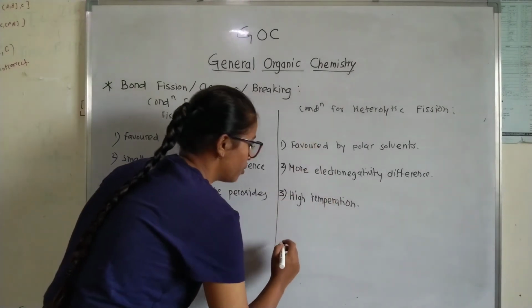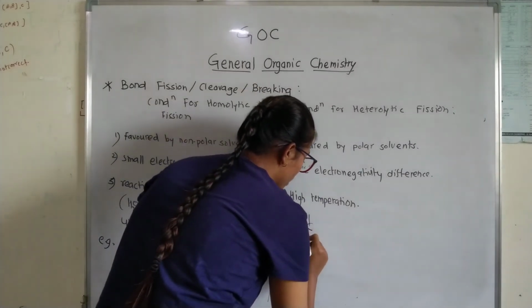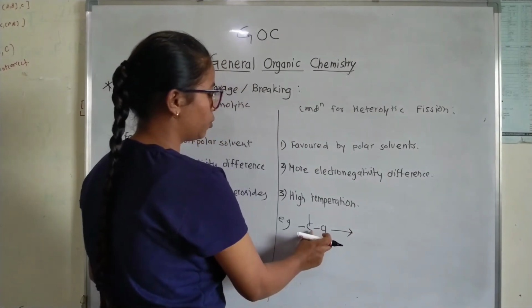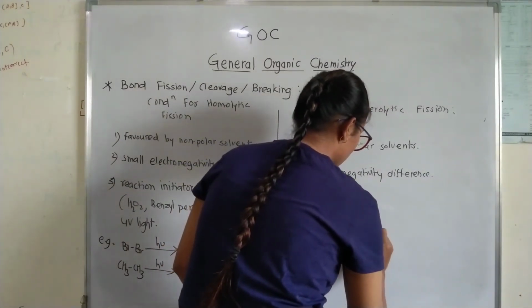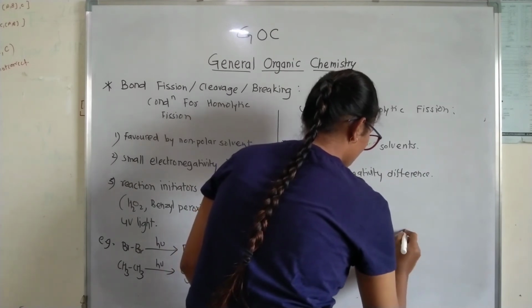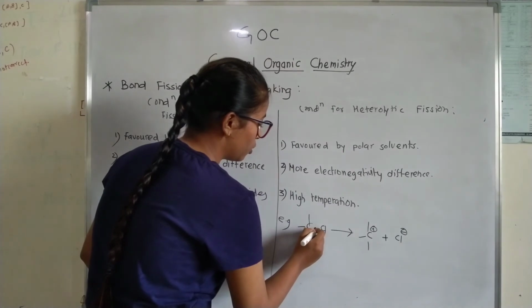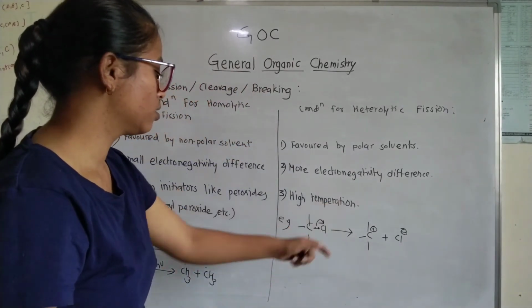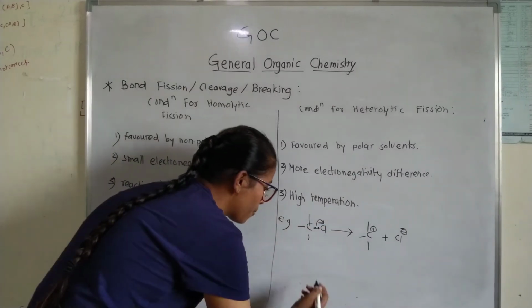And some examples of heterolytic fission are these. This is a chlorine compound. They have more electronegativity difference, so the positive charge goes to carbon and the negative charge goes to chlorine, because chlorine is more electronegative, so it gains 2 electrons, 1 electron from carbon and one of its own.